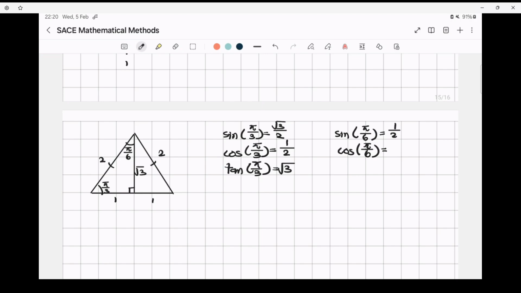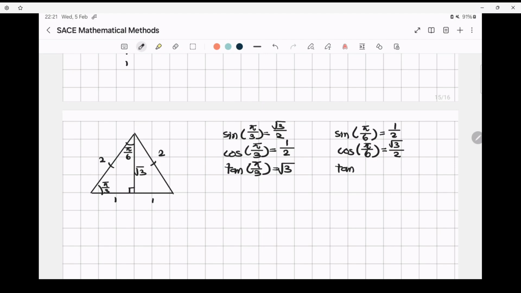So cos pi over 6 will be square root 3 over 2. Sorry, cos pi over 6 is square root 3 over 2.